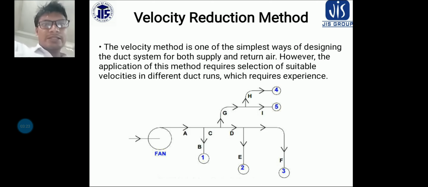In air conditioning systems, galvanized sheet metal is the most commonly used duct material, since the zinc coating of this metal prevents rusting and avoids the painting cost. That is why we use this zinc coated, galvanized sheet metal.